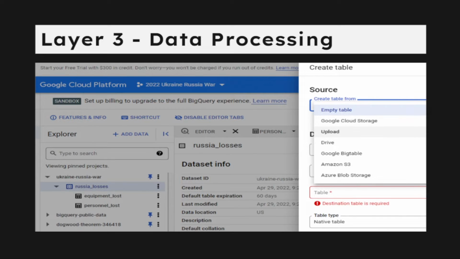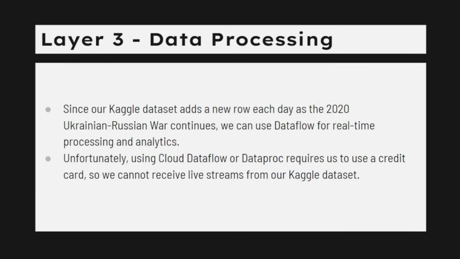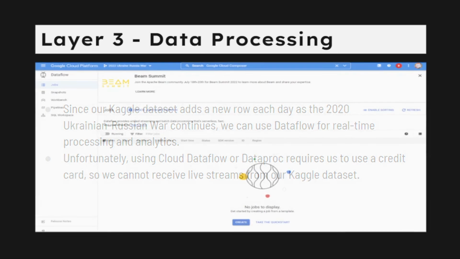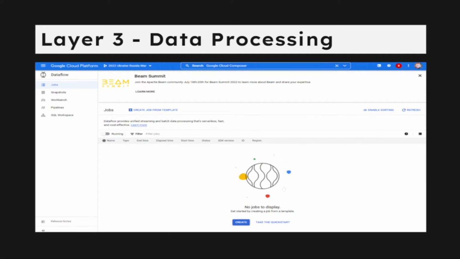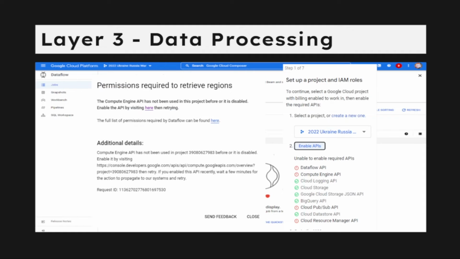As I stated earlier, we wanted to focus on the batch data instead of both streaming and batch, because Google Cloud limits users to 20 of its services, and one of the services for real-time processing requires us to pay. So we were unfortunately unable to receive the Kaggle live stream dataset for real-time analytics.